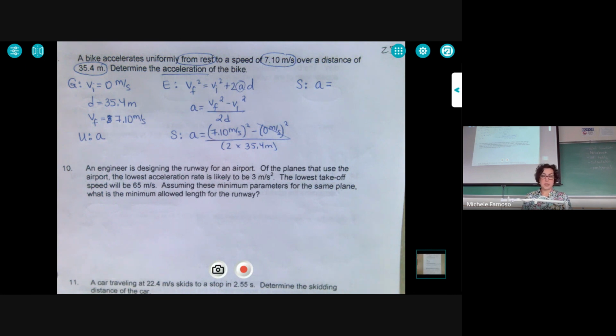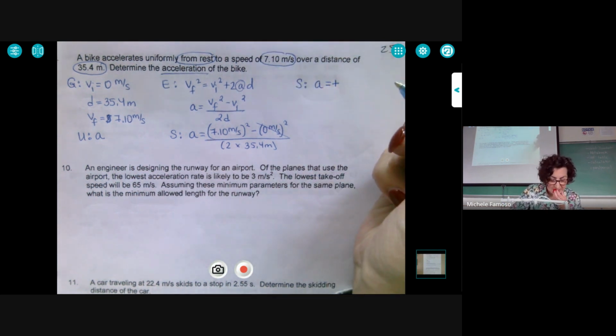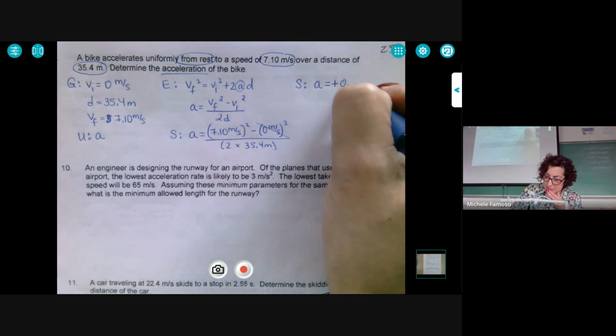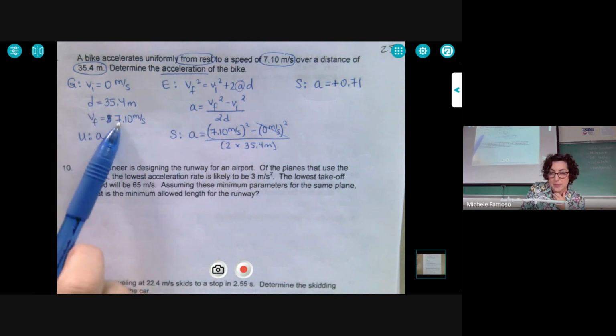Brady, let me know when you think you have it. Okay, I agree with the positive. What did you say the number was? That has 2 sig figs. If you look at the measurements in the question, they both have 3.